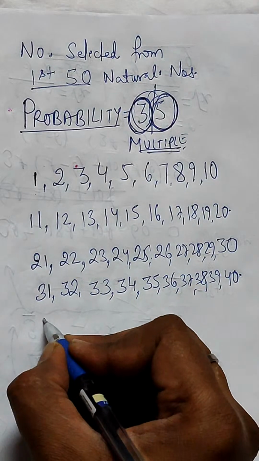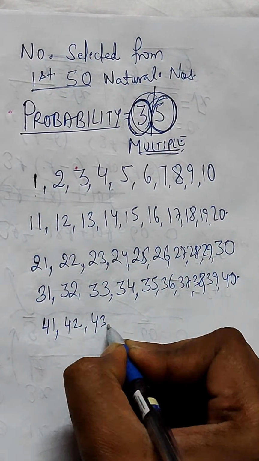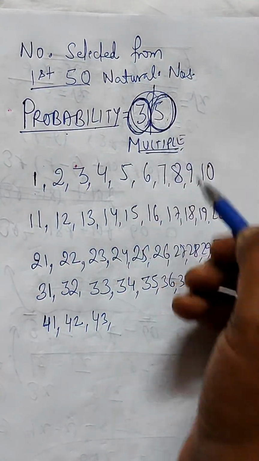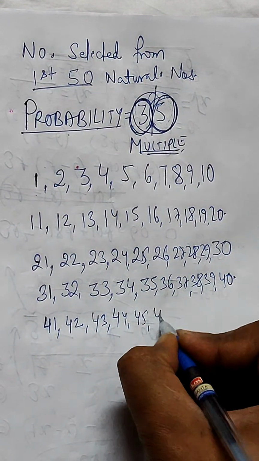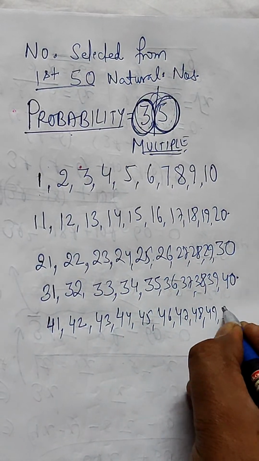Okay, and now the last row of natural numbers is 41, 42, 43. We need to find the probability of the numbers which are multiples of 3 or 5. So after 43 it's 44, 45, 46, 47, 48, 49 and 50.